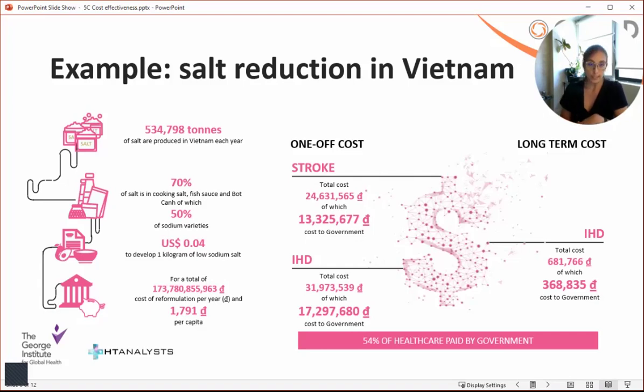A government-supported campaign and the provision of a subsidy to participating manufacturers for replacing a portion of the sodium in cooking salt, bot can, and fish sauce with potassium. And then legislation requiring all cooking salt, bot can, and fish sauce to have a portion of their sodium content replaced by potassium.